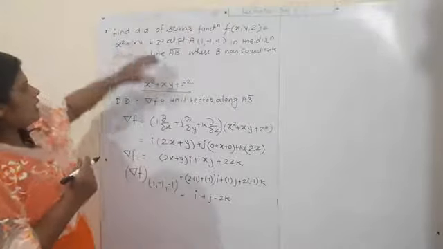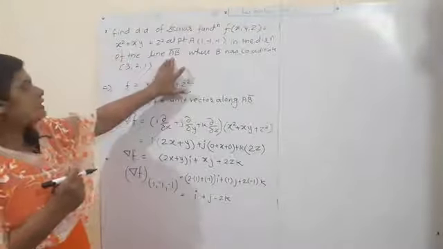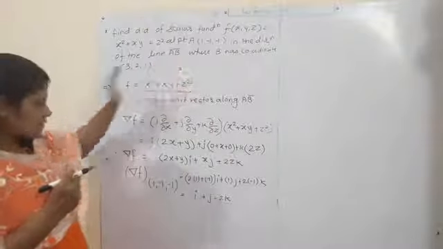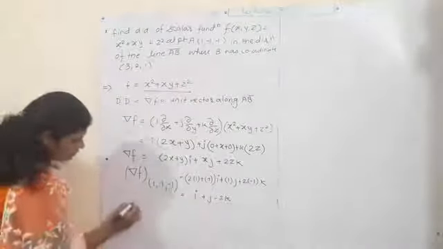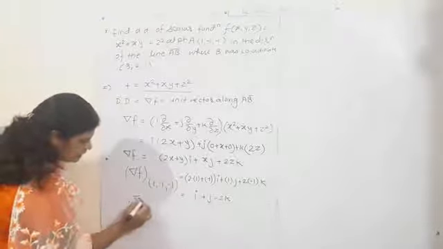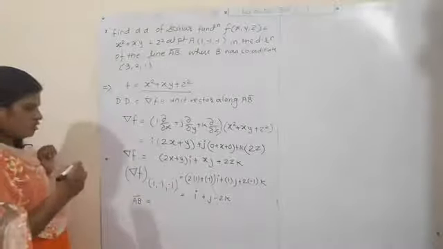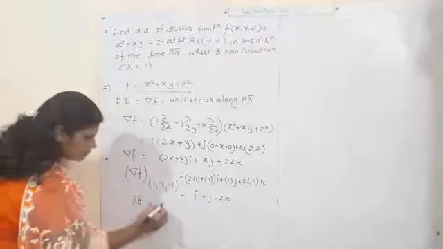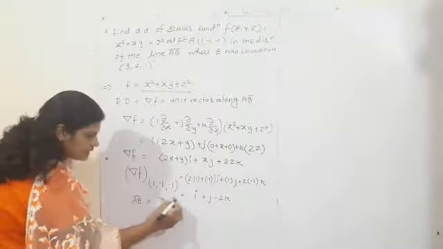Now we find the vector along the line AB bar. How do we calculate AB bar? If a vector is given in the form AB bar, it is nothing but B bar minus A bar.